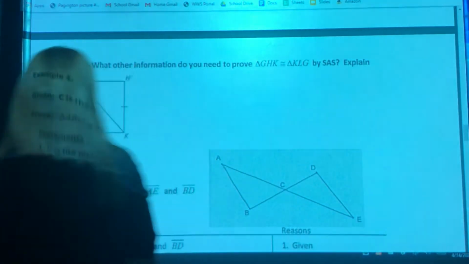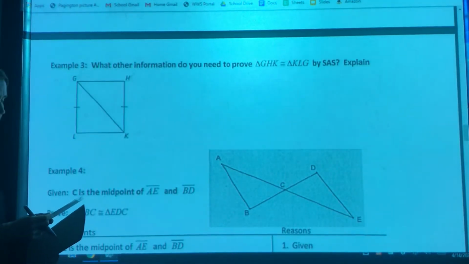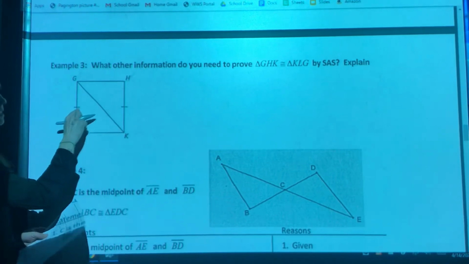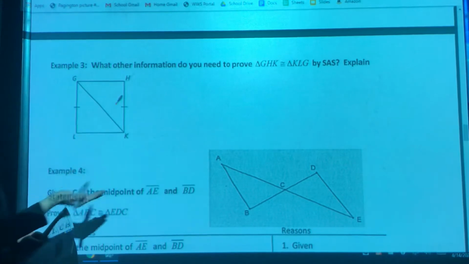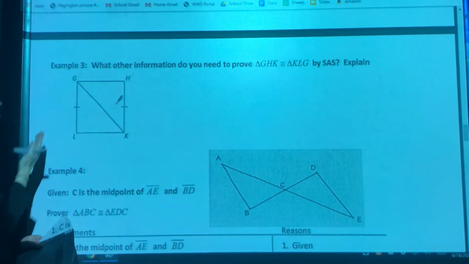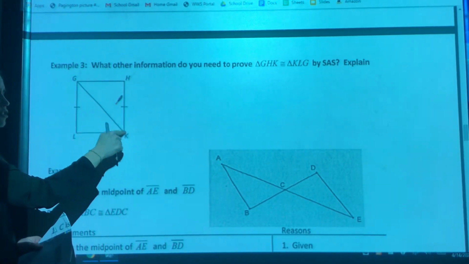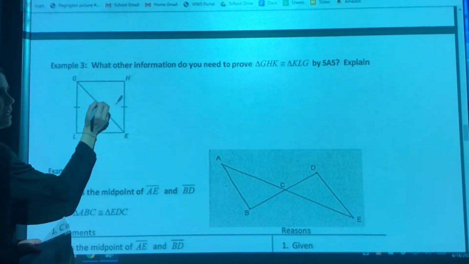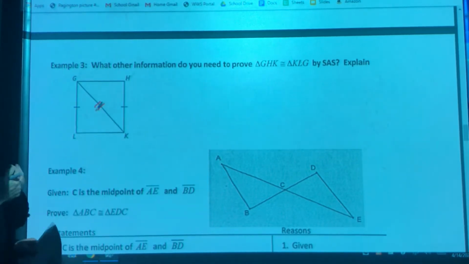All right, so if we look at what we know here, we can already see that this piece is congruent to this piece. And it's asking what other information do we need to know. Okay, we can already see that GK is congruent to GK because they share that side.